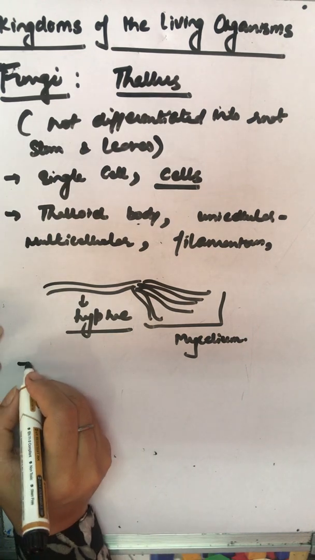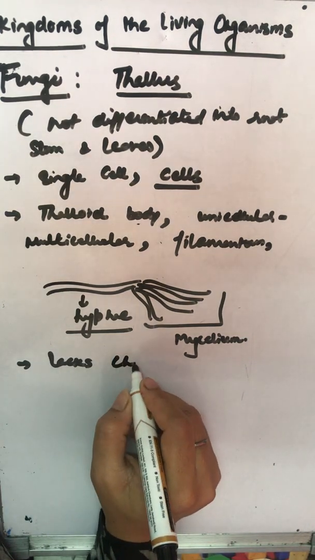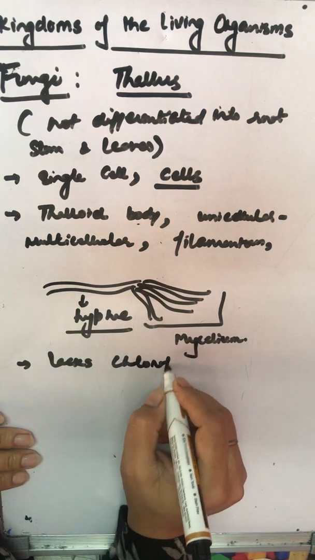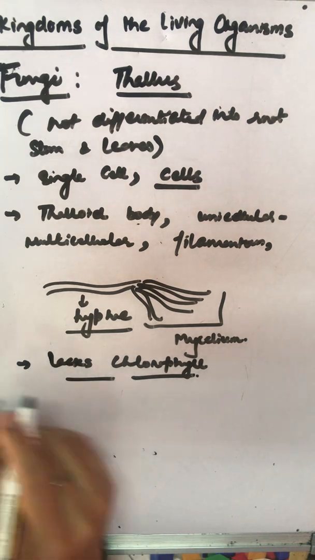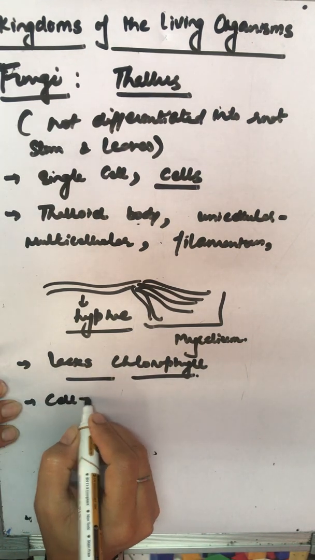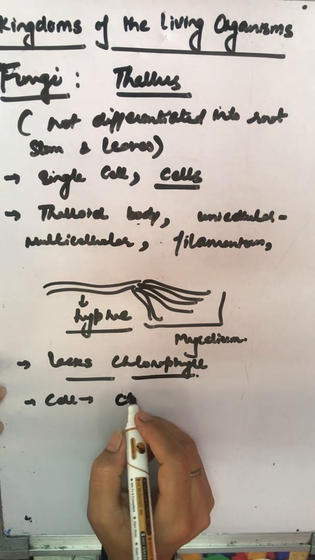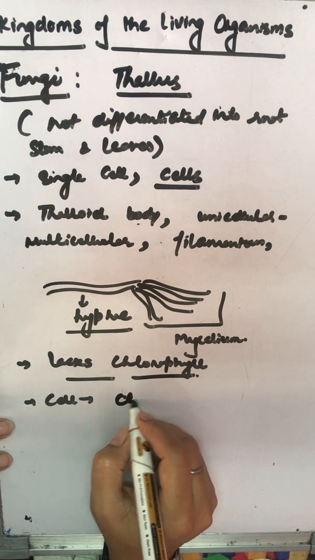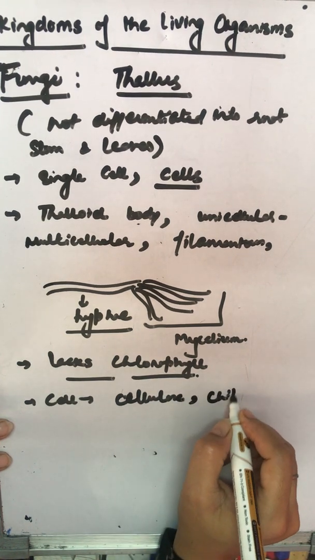Then, what does fungus do? Its general features: it lacks chlorophyll. But they possess a cell wall, and the cell wall contains cellulose also. It contains a chitin material also.